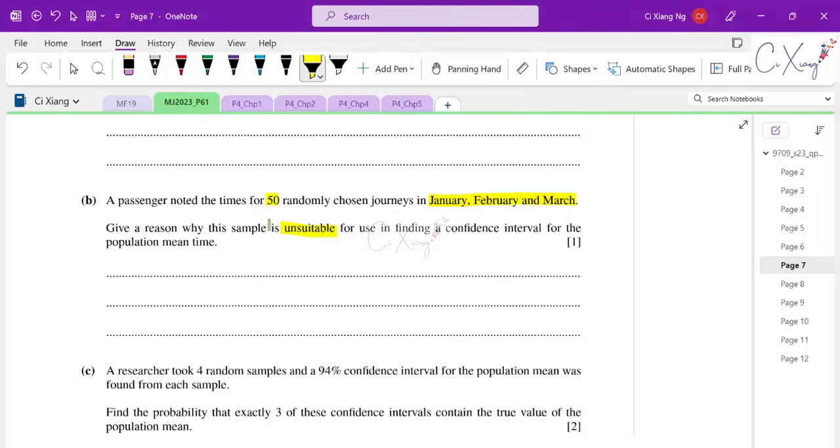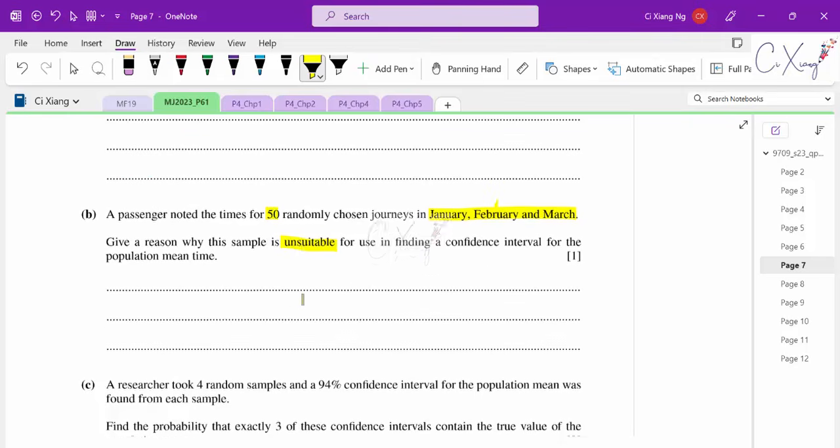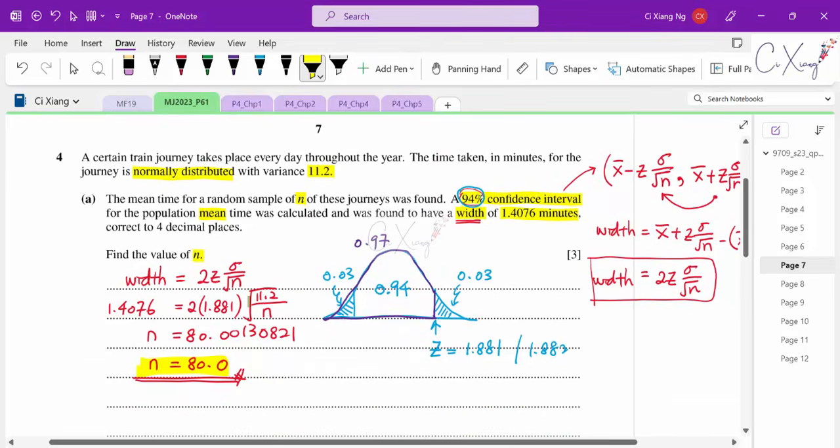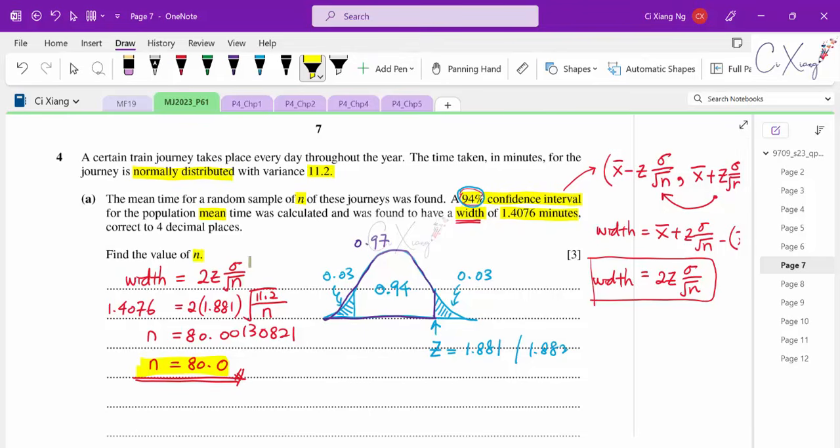It is because they only focus on the first 3 months. We cannot use it to represent the whole year, because for different months in a year, the train journey might take different time.